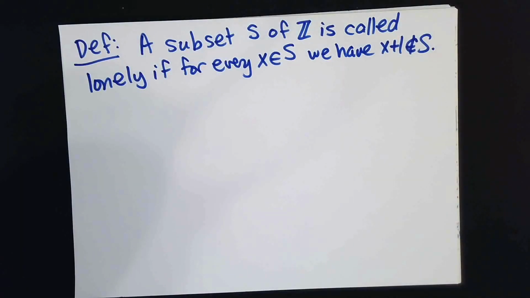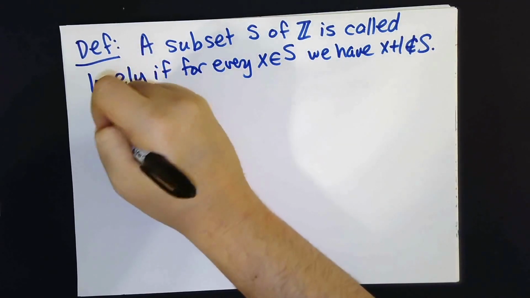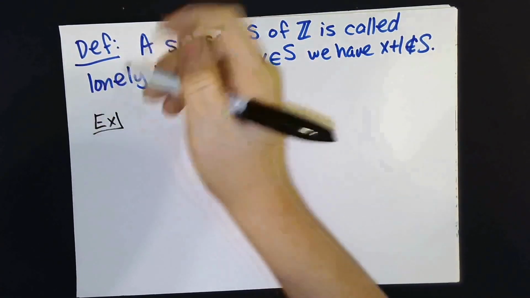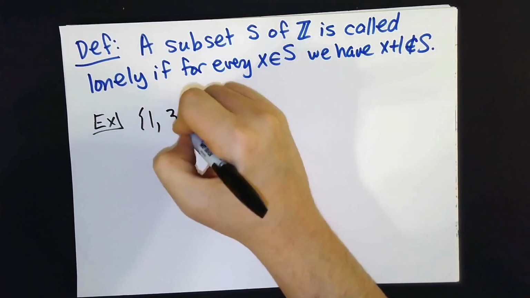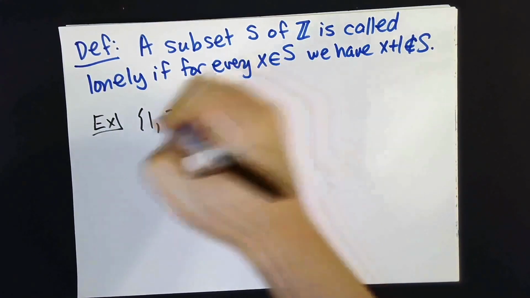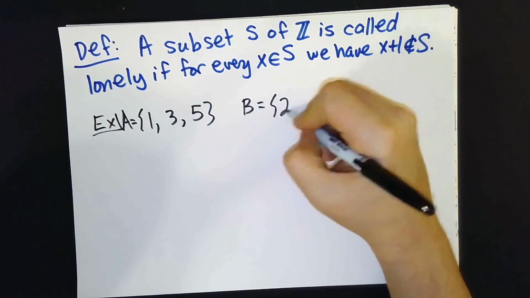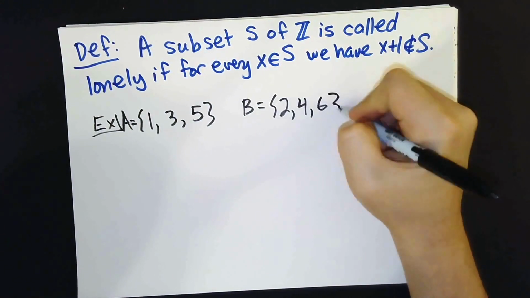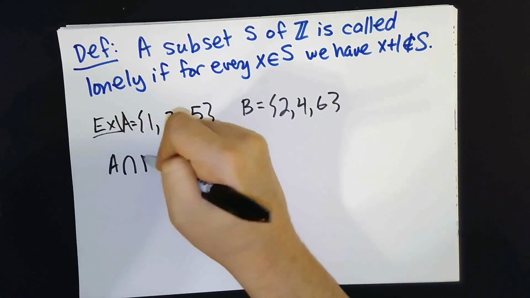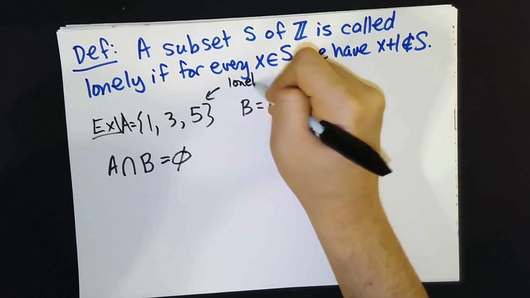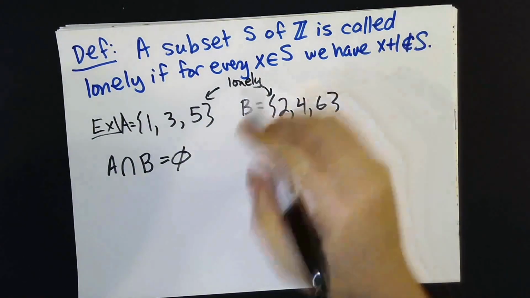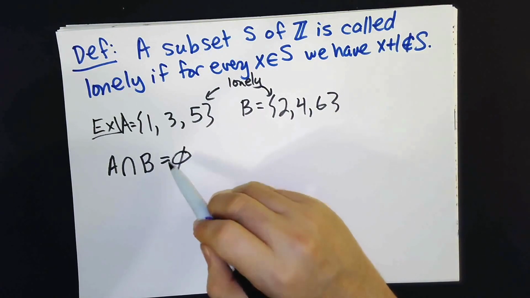Some of you, though, will have come up with a different answer to the question of whether it has to be the case that if I take the intersection of two lonely sets, I get something lonely. Namely, if you thought about it, some of you would have thought of something that looked like this, where both of these things are lonely, but their intersection is the empty set.